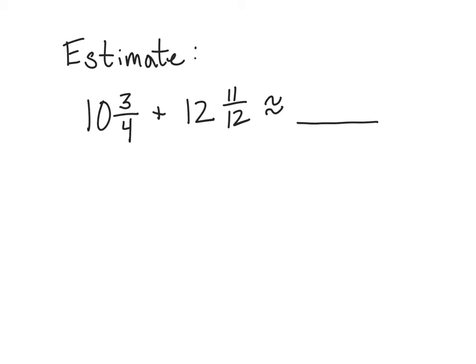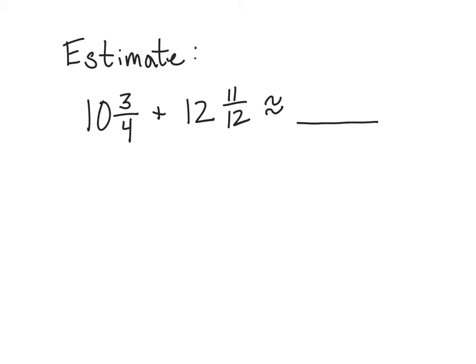All right, we're going to estimate 10 3/4 plus 12 11/12. And we're going to say that's about what sum? Over here, we see a 3/4. That is 1/4 away from being 11, and 1/12 away from 13.